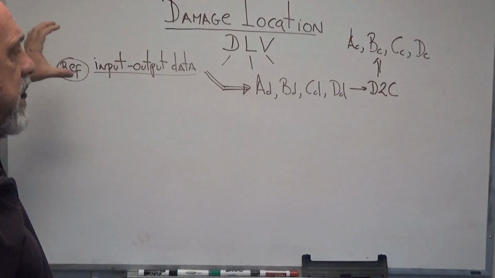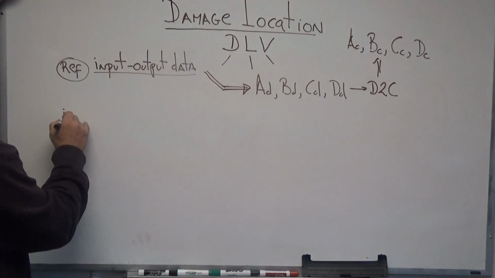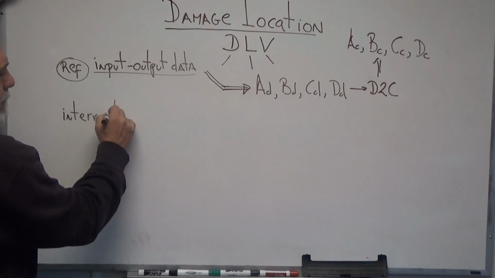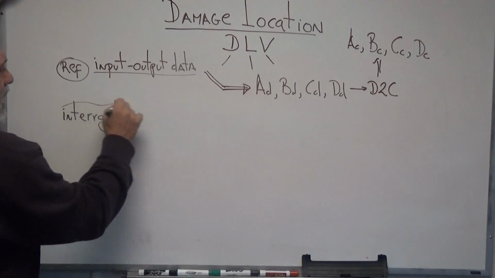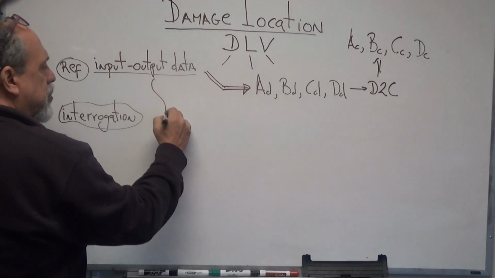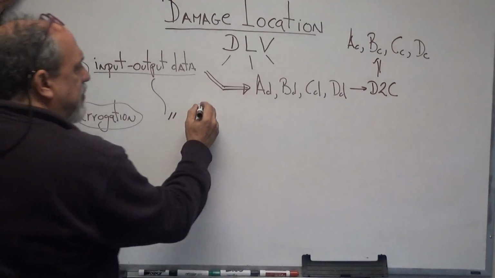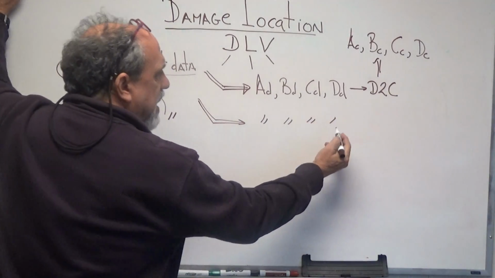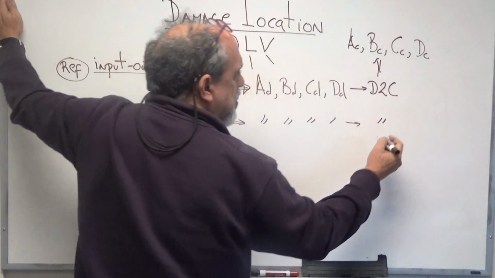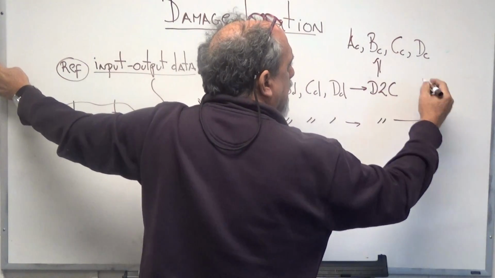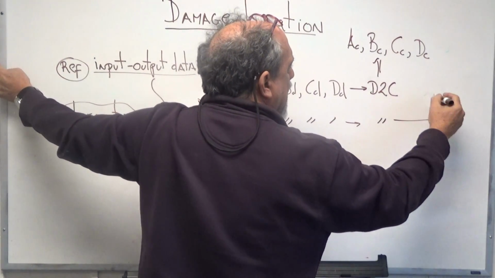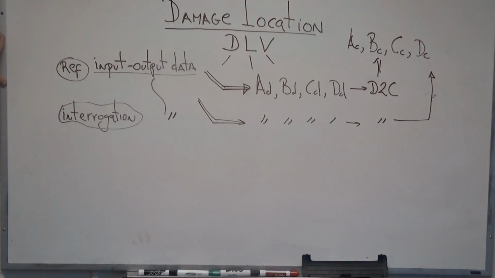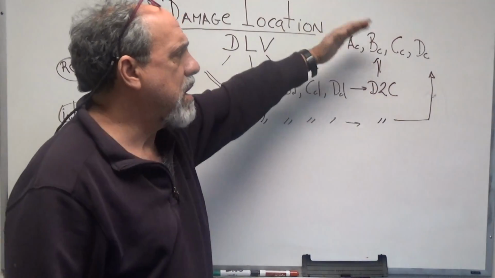And what we seek to find is at another time, which we would call the interrogation time, right? At the time of interrogation, we also have input-output data, and we've done exactly the same thing. We have our A, B, C, and D. We've done the D to C, and we've obtained the parameters A, B, C, and D. And of course, as I said, we are satisfied that these two things are not really the same.